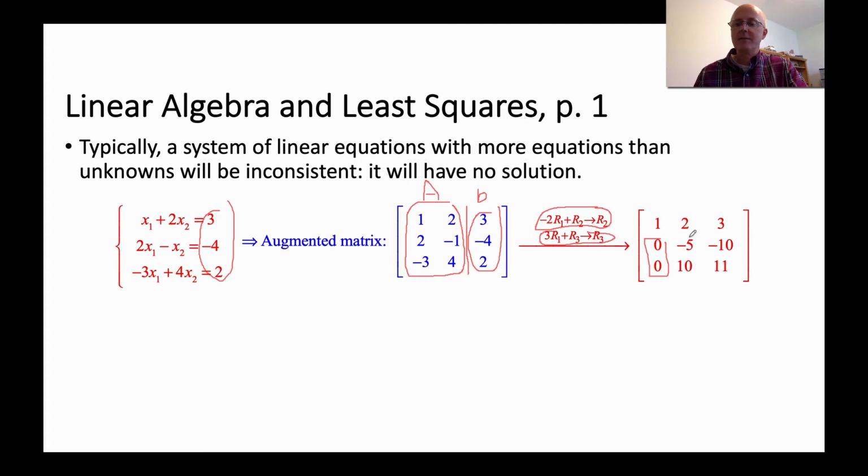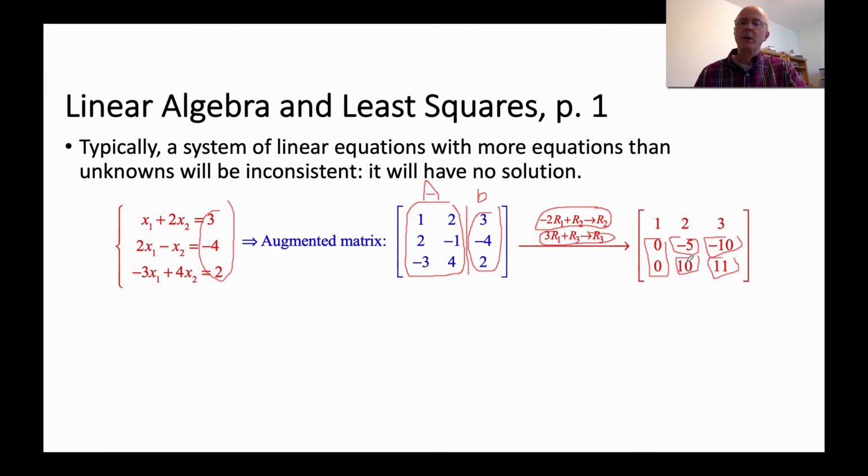Let's double check these other numbers. 2 times -2 is -4, plus -1 is -5. -2 times 3 is -6, plus -4 is -10. Then with the other operation, 3 times 2 is 6, plus 4 is 10. And then 3 times 3 is 9, plus 2 is 11.